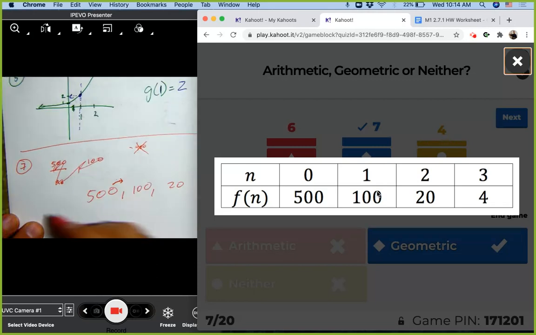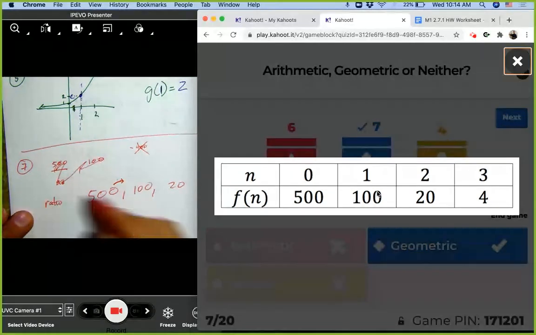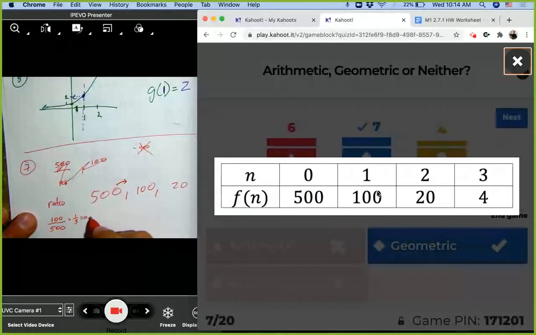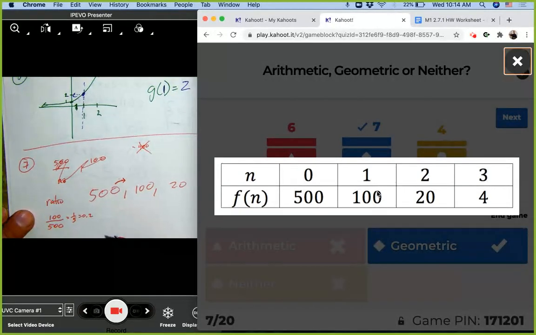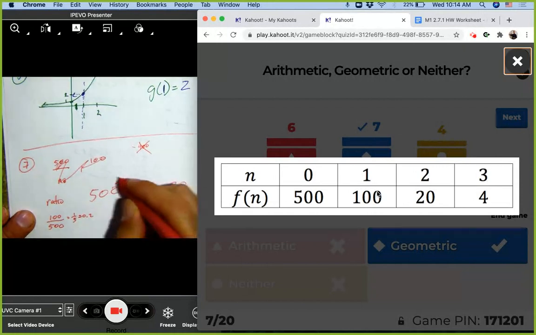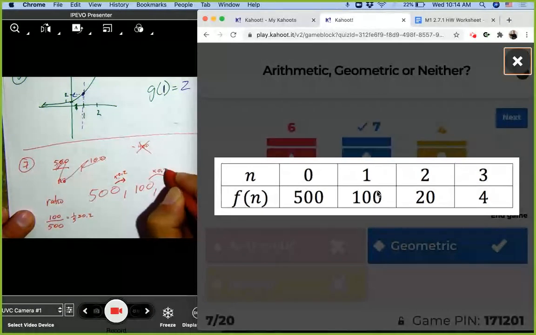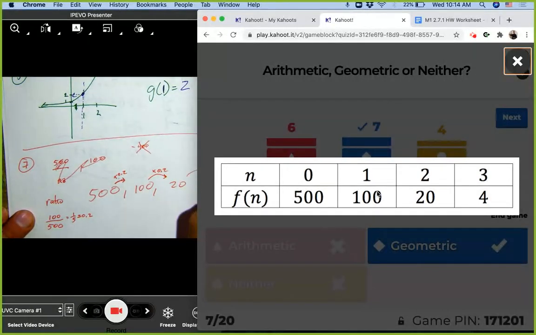Well, the way to know this, remember, we can find our ratio by taking the next, dividing by the prior. Good, Nelson. So 100 divided by 500 is 1/5, which is 0.2. So what I know is I can multiply it by 0.2 to get to 100. To get to 20, I can multiply by 0.2, and so on all the way to 4.